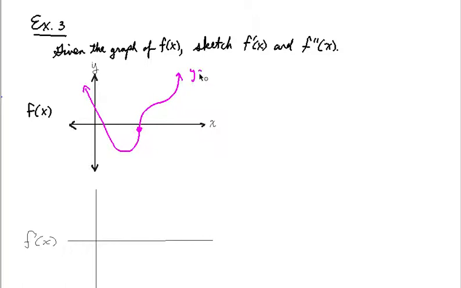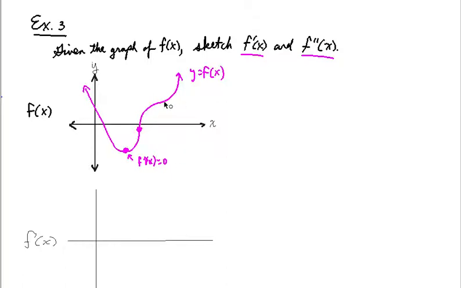Okay, here's y equals f of x, and I'm asked to sketch f prime of x and f double prime of x. Okay, so right away you can see here that I have some interesting points. I have a critical point here. At this point, f prime of x will be 0.